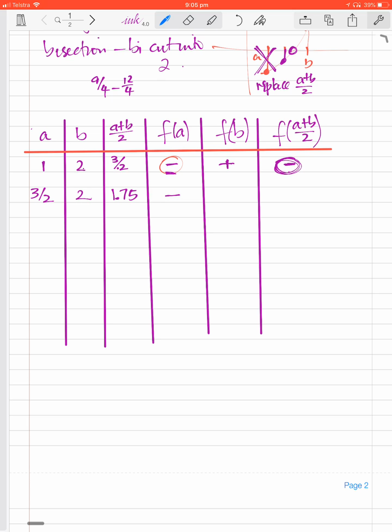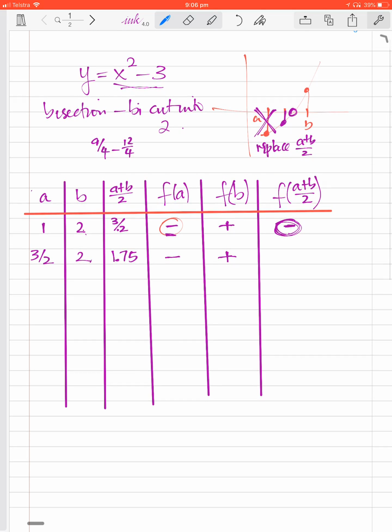We know f of B is positive because it was positive before and it hasn't changed. F of A plus B on 2, well, we have to calculate whether that's negative or positive. So we've got to put 1.75 into x squared minus 3 and then see what it is.